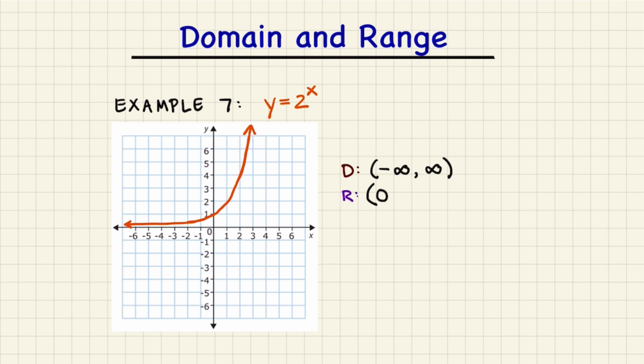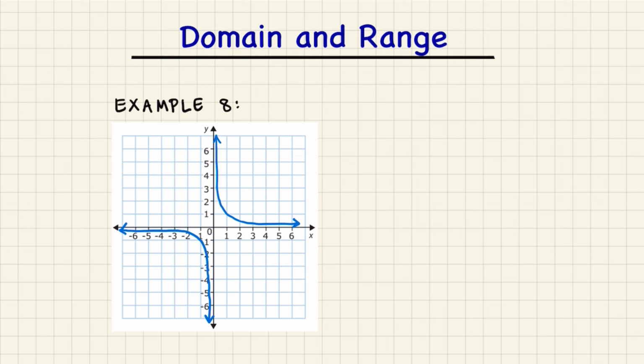So 2 to the x is never going to be 0 or below. So 0 is our lowest value, but it is not included. Comma, looking at our graph, it increases infinitely in the positive direction. So positive infinity is our next value. And that is the domain and range for this function.